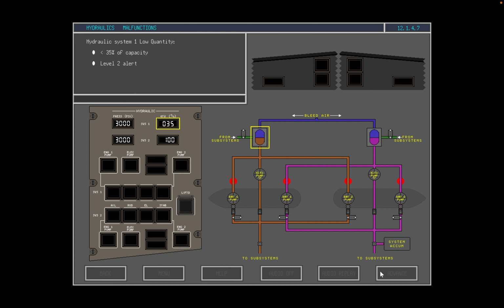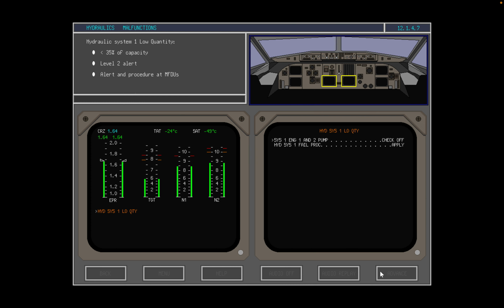The quantity indicator at the hydraulic panel displays percentage of reservoir capacity remaining, and the amber low quantity light illuminates. The amber master caution lights at the glare shield panel flash and a double chime sounds. The left MFDU displays the alert Hydraulic System 1 low quantity, and the associated procedure appears on the right MFDU.